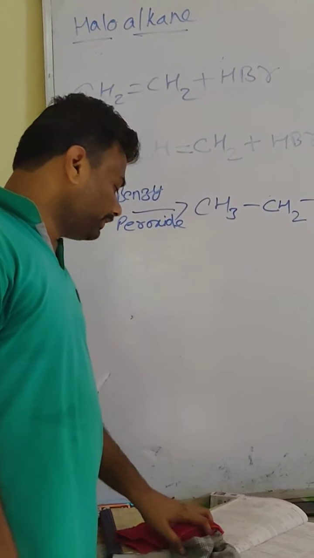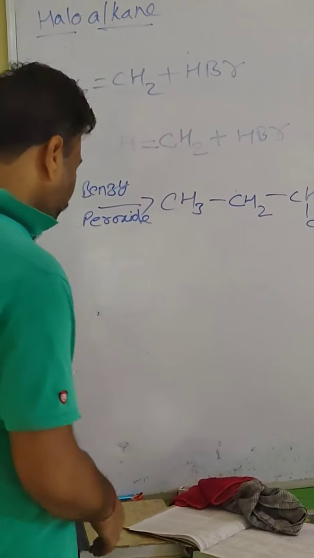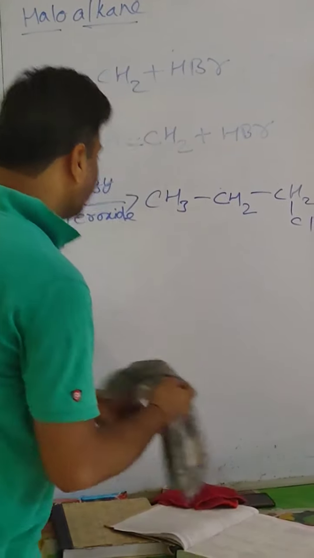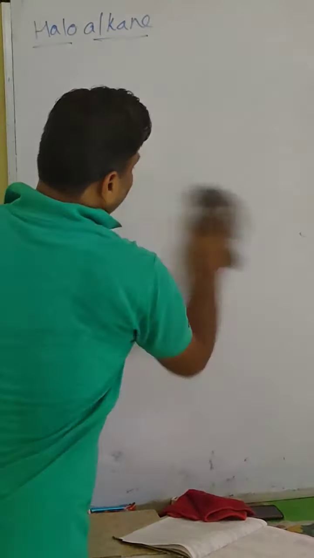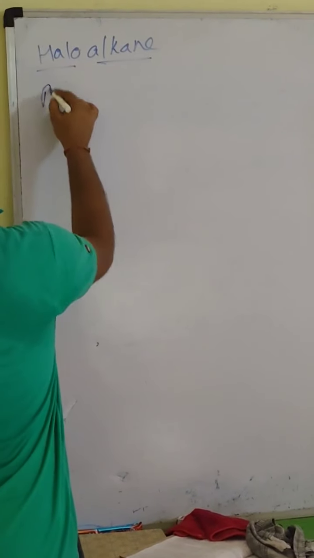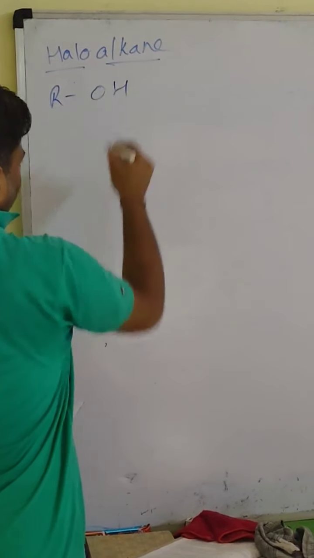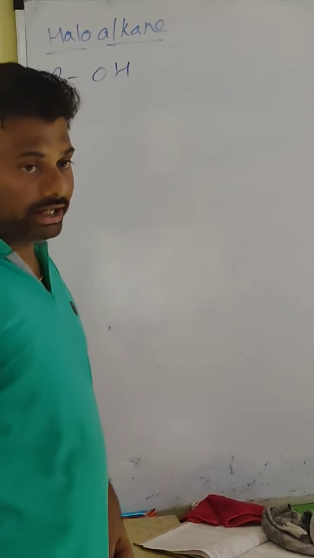Now next is the method of preparation from alcohols. As all of you know, the general formula for alcohol is ROH, where R means an alkyl group and OH is the alcoholic group.